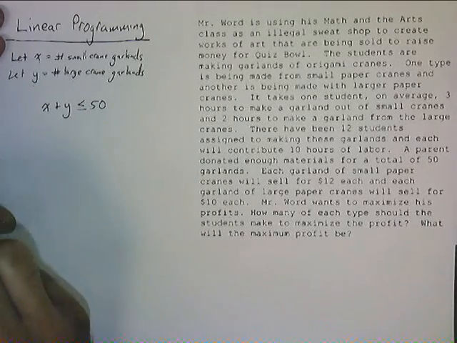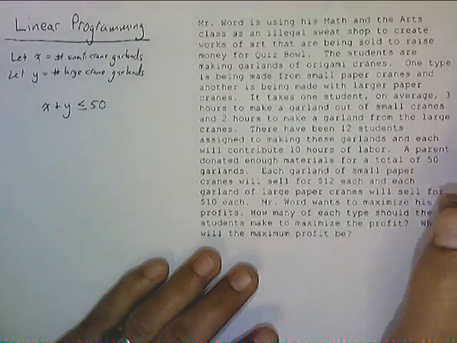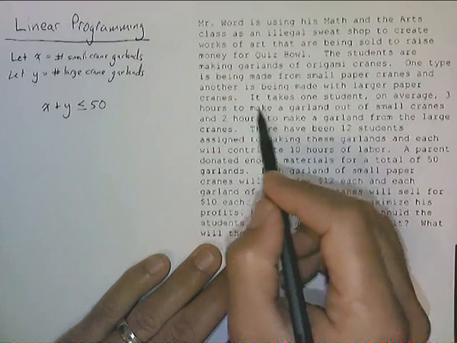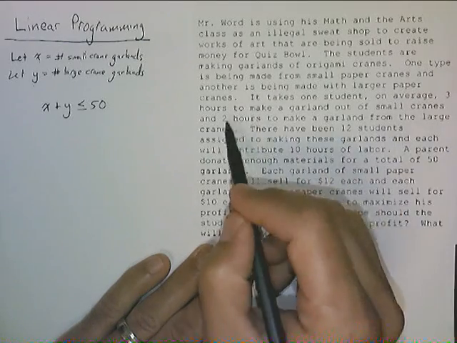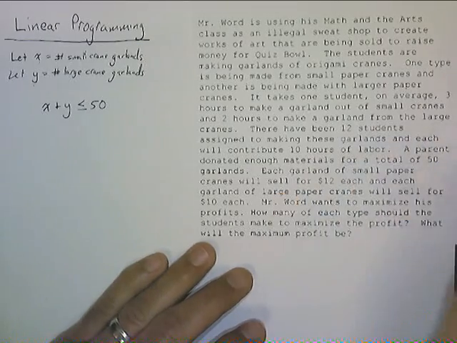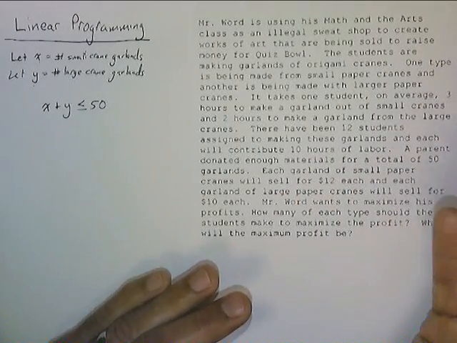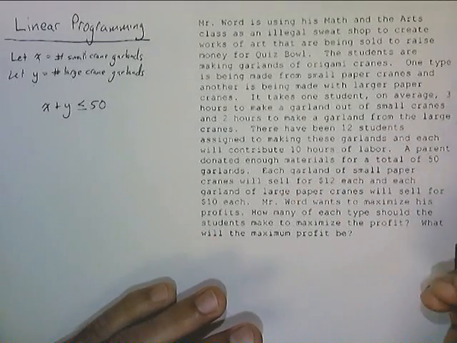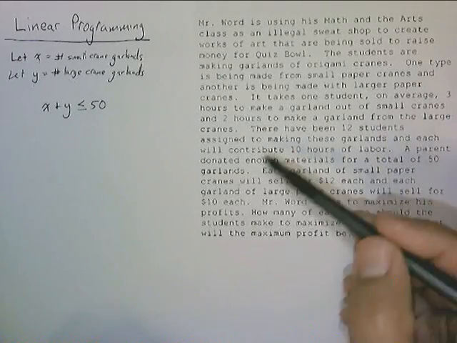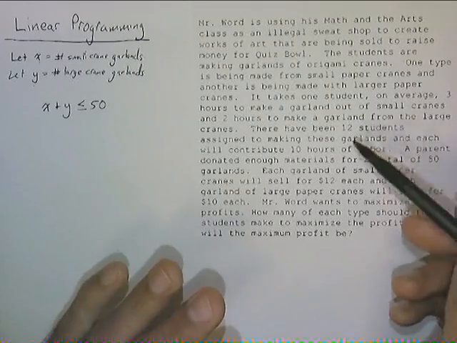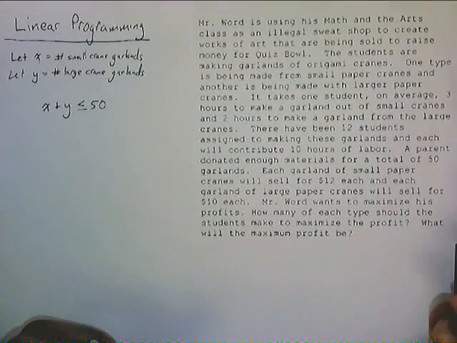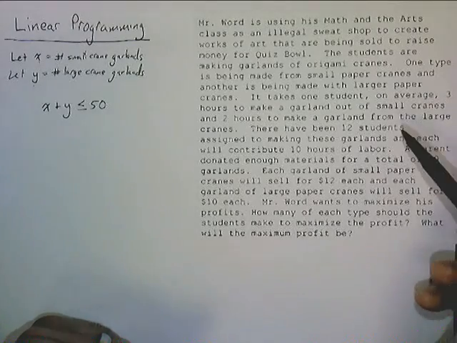The other inequality comes from the statement that it takes one student on average 3 hours to make a garland out of small cranes and 2 hours to make a garland out of large cranes. This comes back to that rate times time formula. It takes 3 hours per garland, and if we multiply that by the number of garlands, we get the total time.